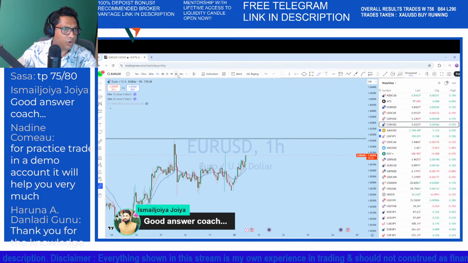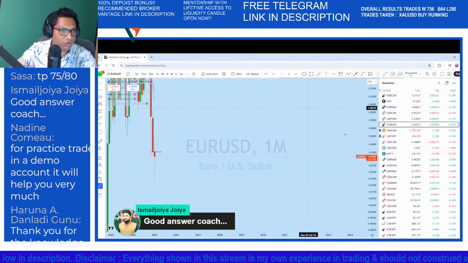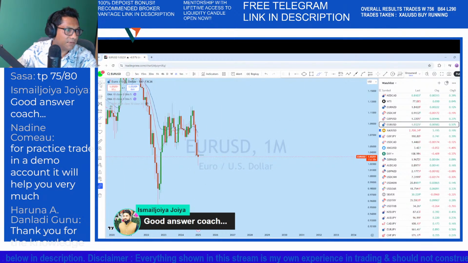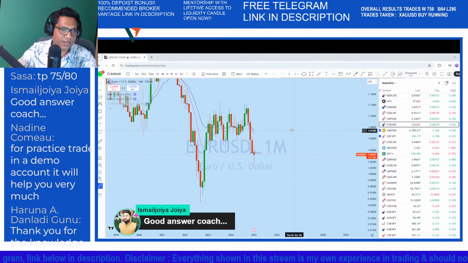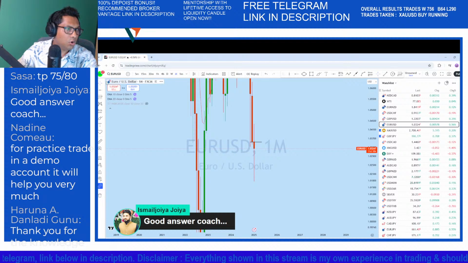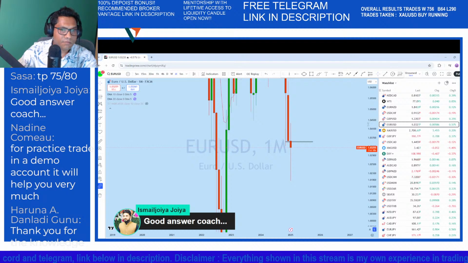I'll also be doing a full multi-time frame analysis on EURUSD. You can see this is the monthly price action on EURUSD, and as the market is approaching this monthly resistance, we can expect the price to go ahead and retest it.